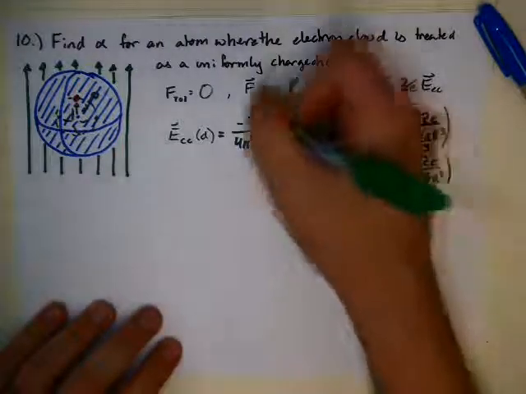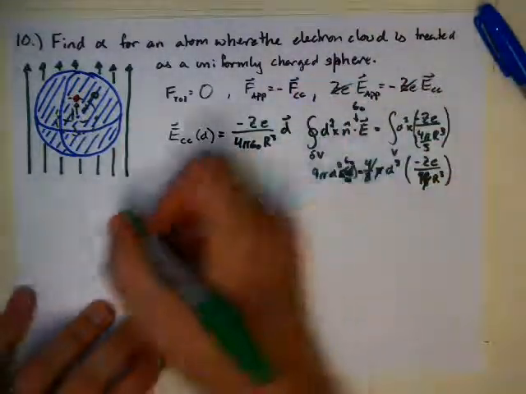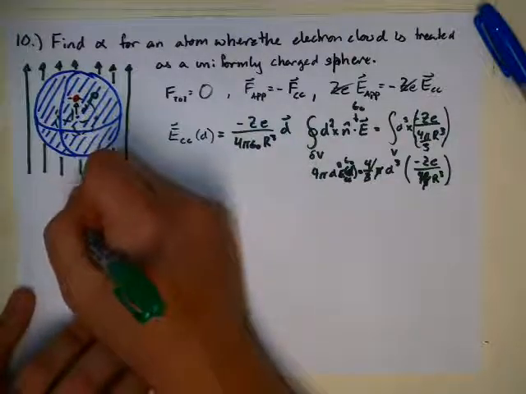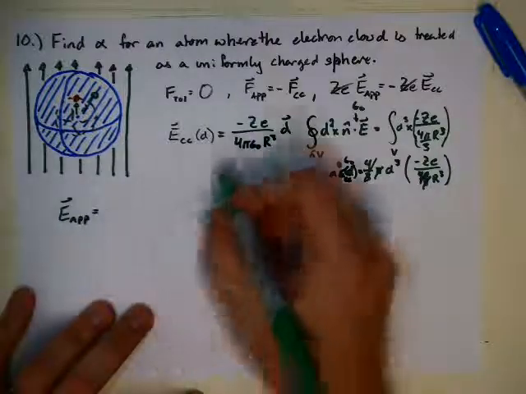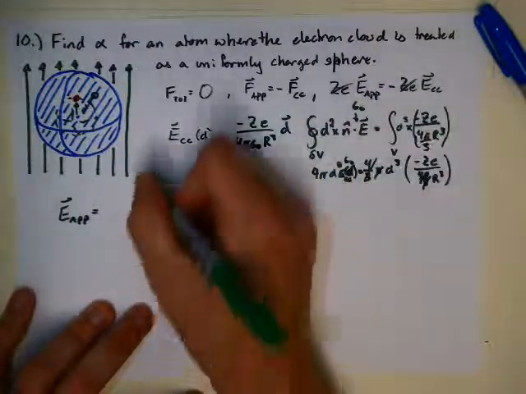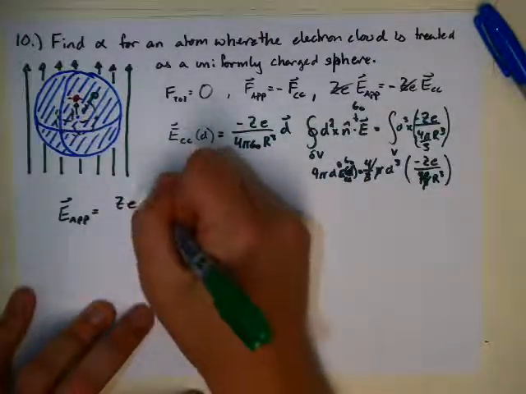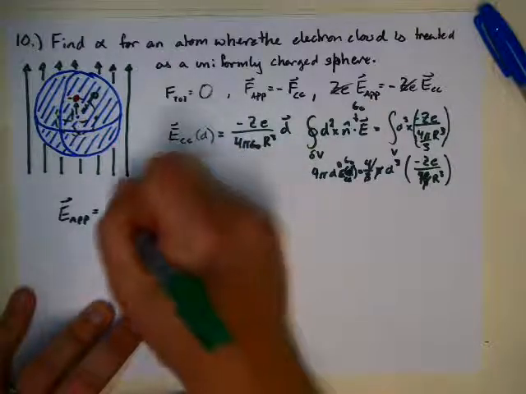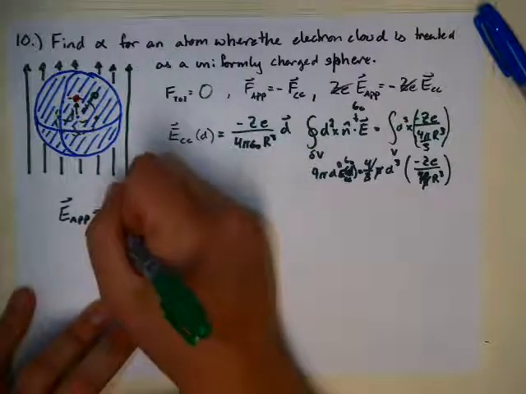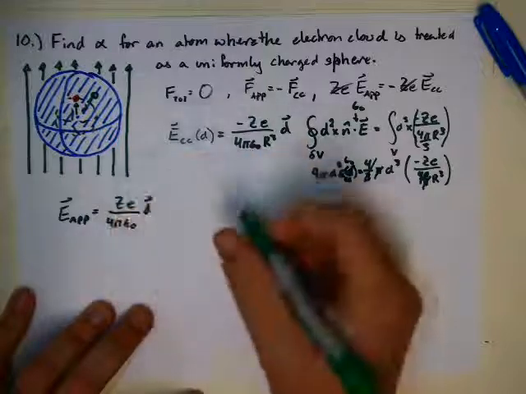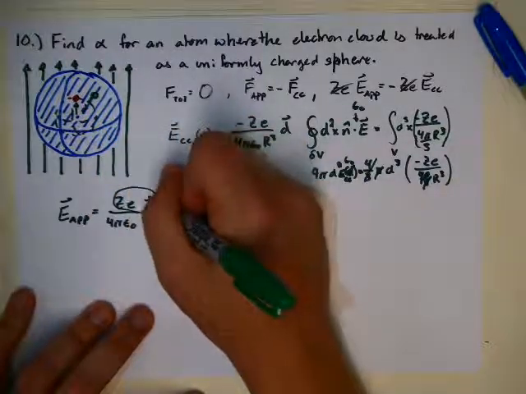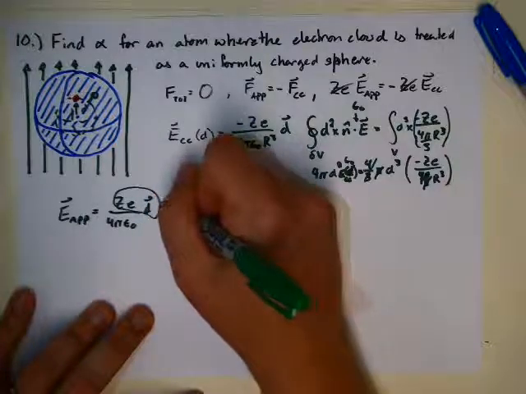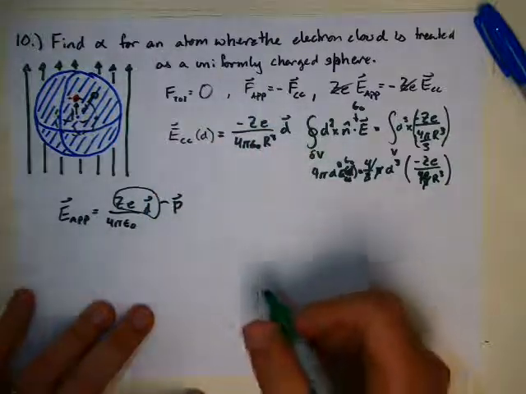Plugging this into the expression up here, we find that the applied electric field, this minus is going to cancel with that minus, is equal to Ze times d vector over 4 pi epsilon naught. And if I'm observant, I'll notice that Ze d is my dipole moment p.